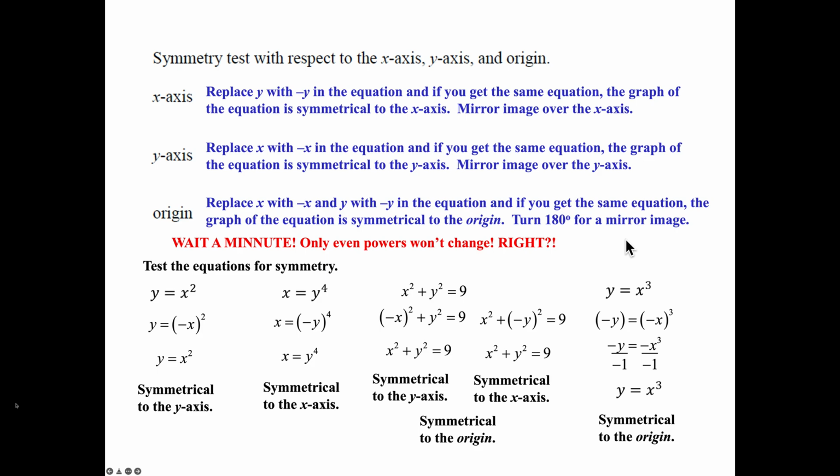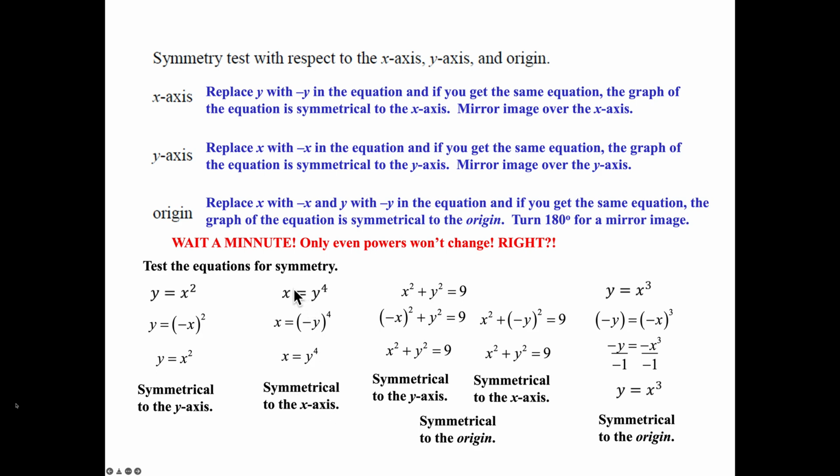Now, one important concept here I want you to put about symmetrical to the x-axis. If I can flip it over the x-axis and it looks exactly the same, that's not a function. That's not a function. It's not going to pass the vertical line test. So remember that one, x-axis, that was right here, symmetrical to the x-axis.